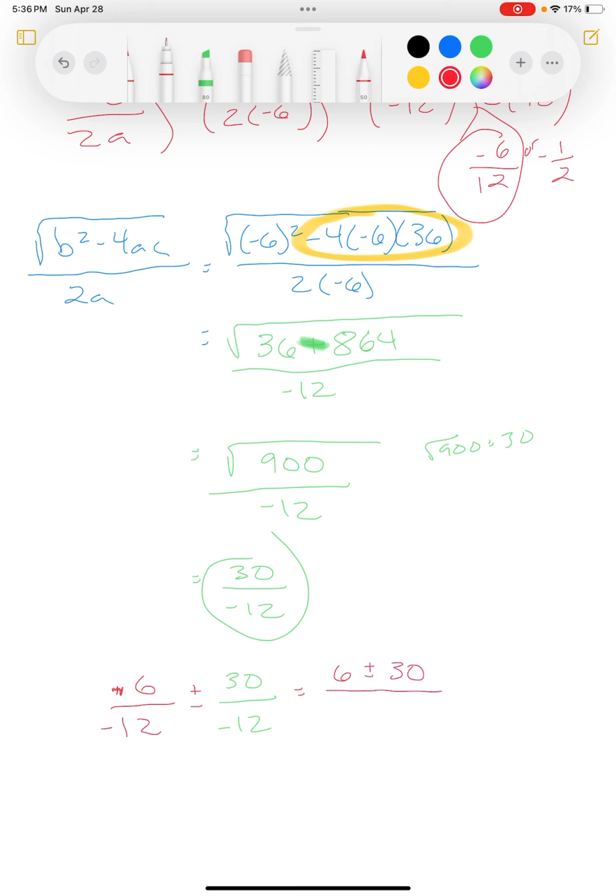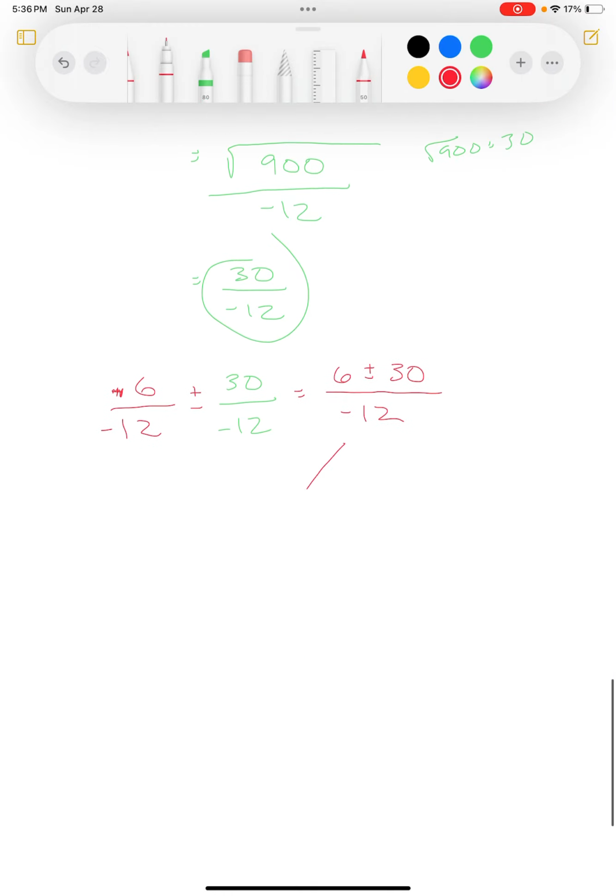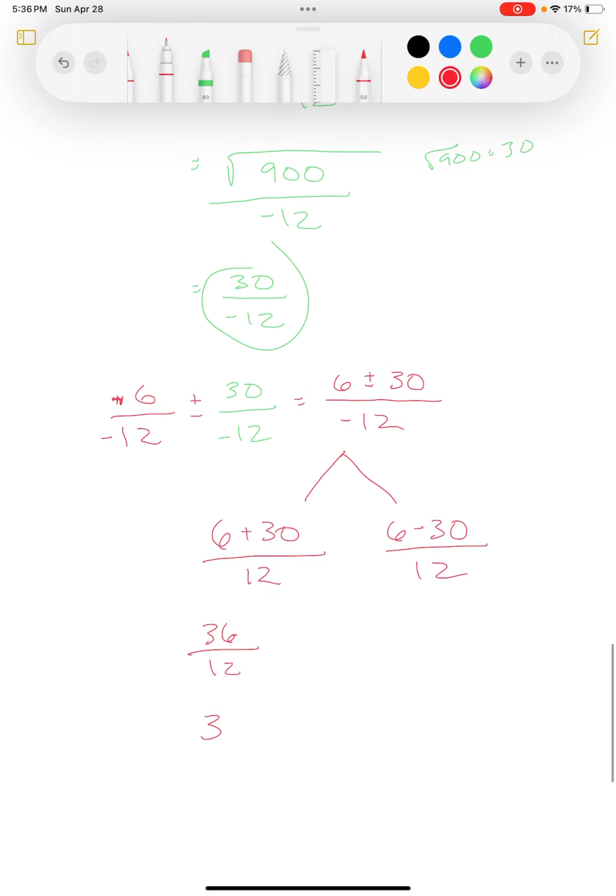30 over -12. Again, we're going to branch that off into two different parts. I'm going to go 6 plus 30 over 12 and 6 minus 30 over 12. 6 plus 30 is 36 over 12, or 3. 6 minus 30 is -24 over, sorry, let me back up here because those were over negative 12s.